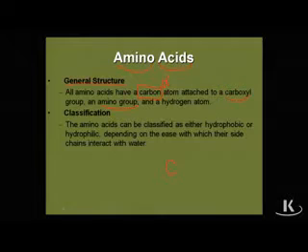Let's put an amino group. You remember amino groups are NH2 or NH3+. It'll depend, of course, on the pH. We'll put a carboxyl group. Let's imagine then a carboxyl group like COOH, or as you know, it could be COO minus. It depends on the pH.